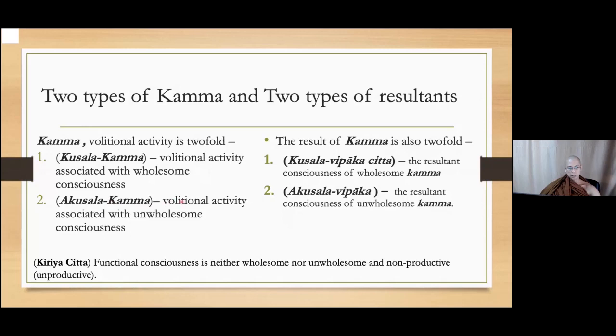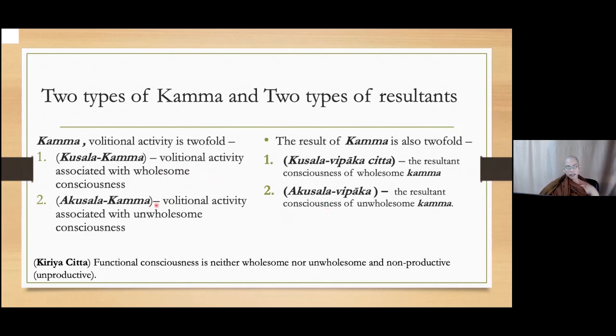So akusala karma produces akusala vipaka chitta. In this way, we understand the cause and effect relationship between karma and its result. Wholesome karma produces wholesome resultant, and unwholesome karma produces unwholesome resultant.